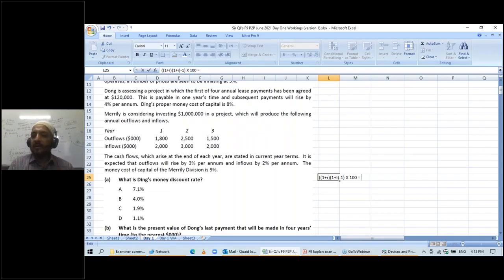The real discount rate is the rate which is not adjusted for inflation. When we are making investment decisions, we calculate present values of the cash flows. So when we calculate present values, we first adjust those cash flows for inflation.